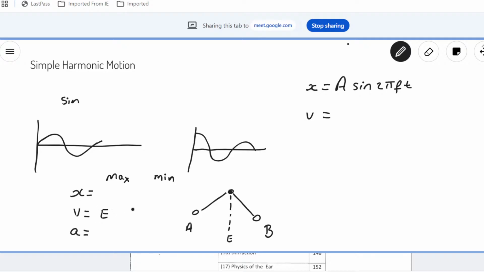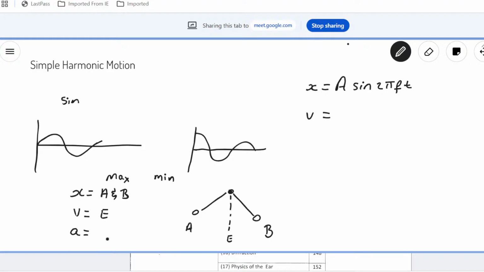All right, the displacement is max at what point or points? A and B. All right, where is acceleration max?